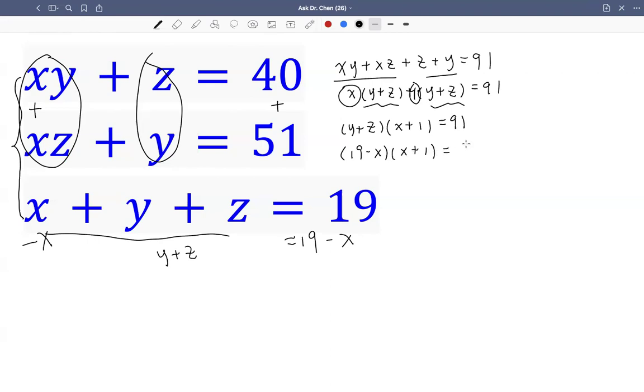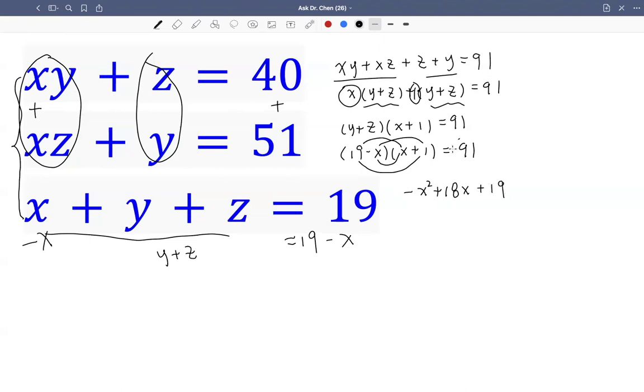Now we have a quadratic equation to solve, right? So we FOIL it. 19 times x is 19x, negative x times 1 is negative x, 19x minus x is 18x. Then negative x times x is negative x squared. Then 19 times 1 is positive 19.